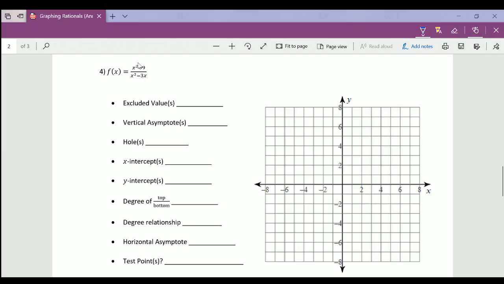All right, this one here, it's another factoring bit. We've got x plus 3, x minus 3. The bottom, it's a binomial, but it's not a difference of squares. What we can do is factor out an x. So it gives us that guy right there.